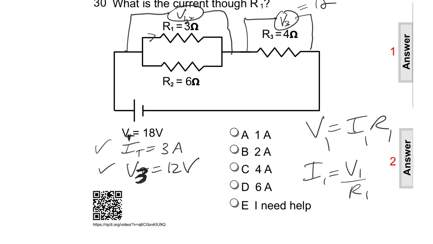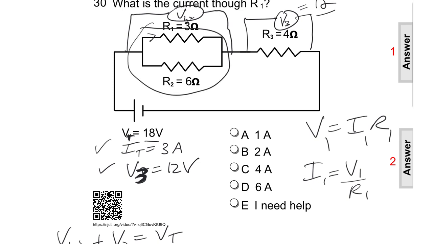What's across these two, this is very important, is whatever adds up with 12 to be 18. So V12 plus V3 equals V total, because these two, if I smush those together, plus this one are in series.